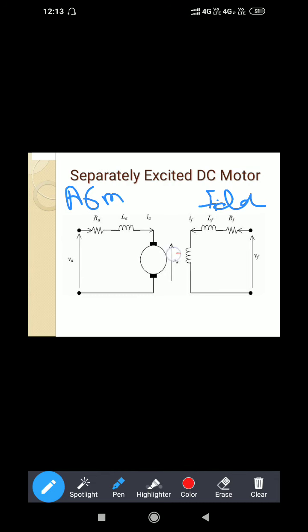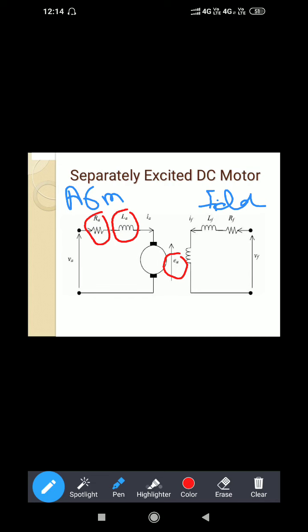back EMF, we have represented the back EMF by small ea. So the back EMF EA, the inductance LA, and resistance RA represent the armature winding. Means RA is the armature winding resistance, LA is the armature winding inductance, and EA is the generated back EMF in the armature winding.